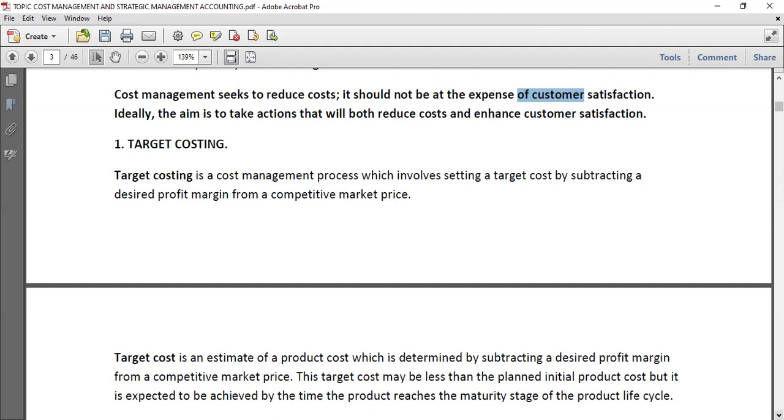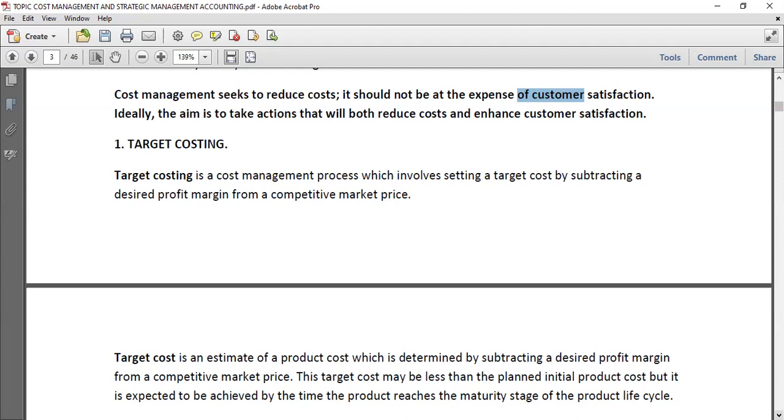And we want to make a margin of 20%. And 20% of the 5,000 is about 1,000, okay? So we have removed the margin. So the remainder is what we call our target cost. Okay, so the 4,000 would definitely be our target cost.